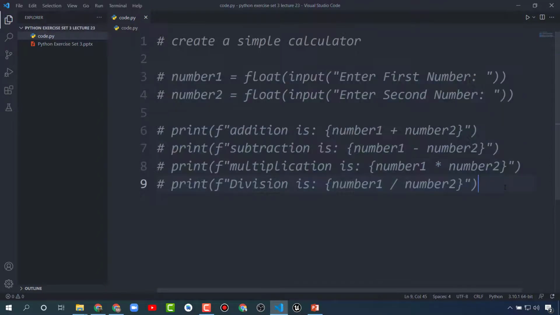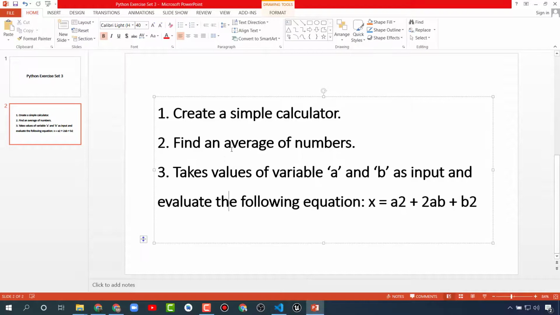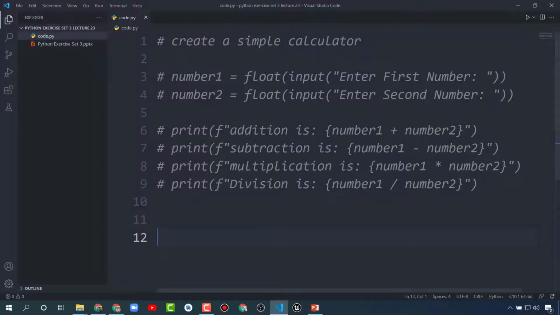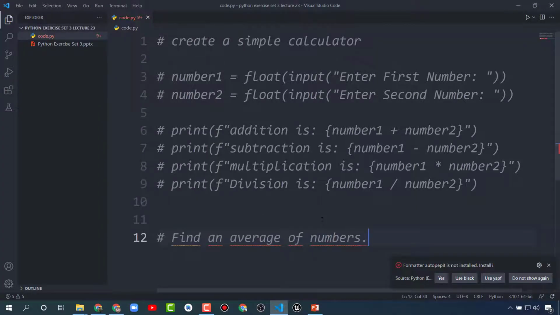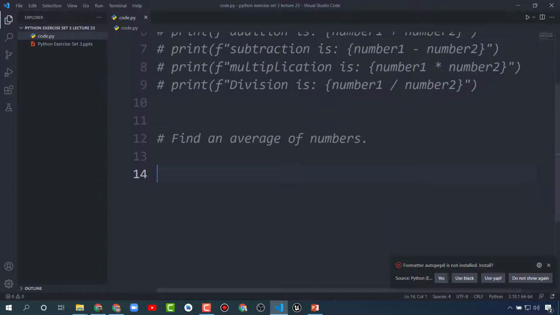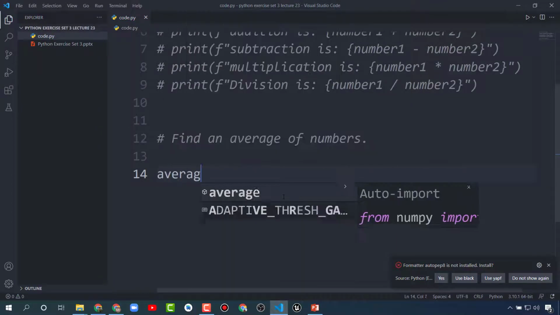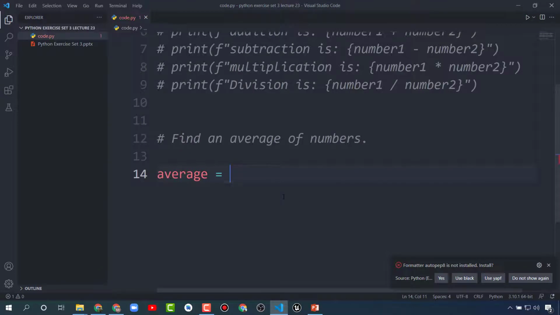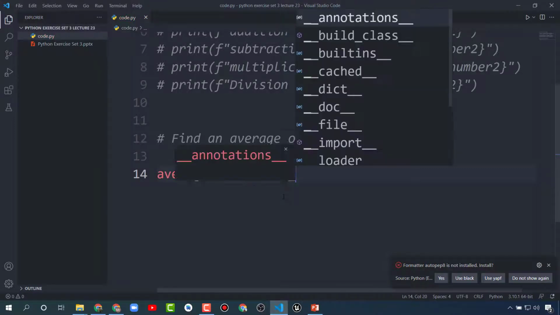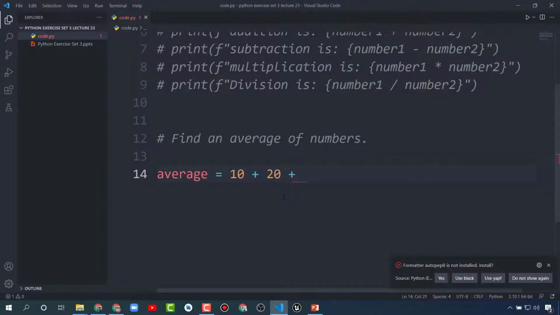So let's solve another exercise, that is find an average of numbers. So let's create a variable, that is average, and write some numbers, 10 plus 20 plus 5 plus 100.